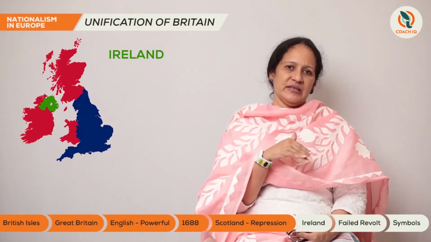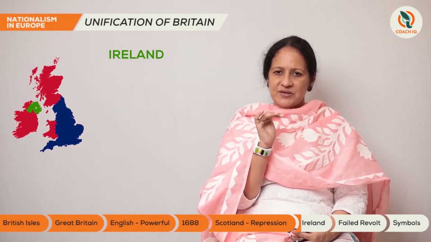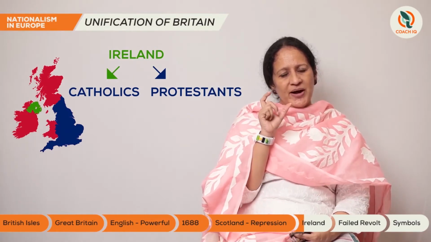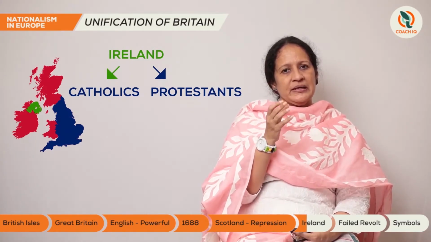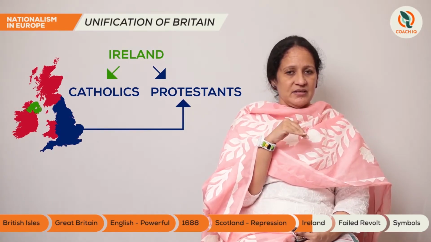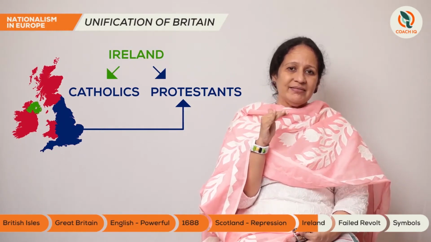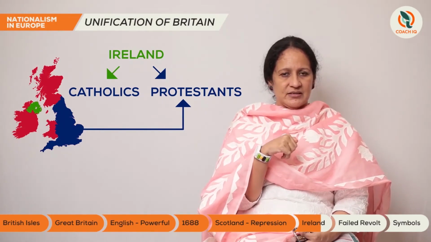Now we come to Ireland. Ireland also suffered a similar fate. Ireland was a country divided between the Catholics and Protestants. Now what you understand over here is that Britain was a majority Protestant country. Ireland, you had more of Catholics and less of Protestants.